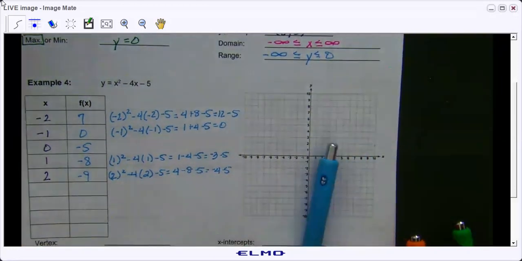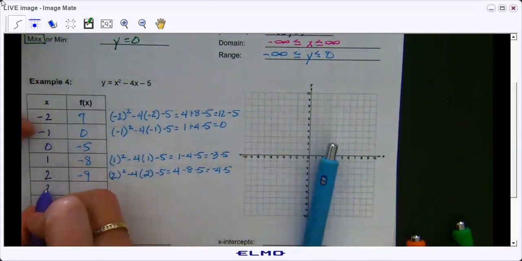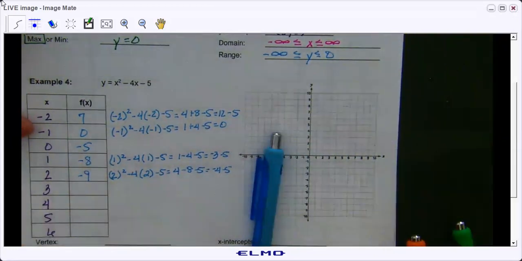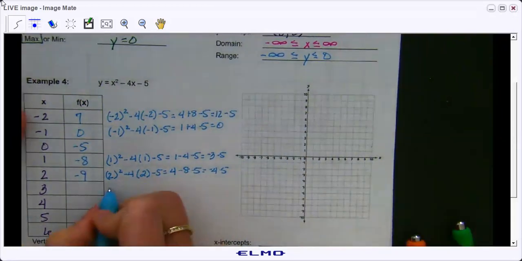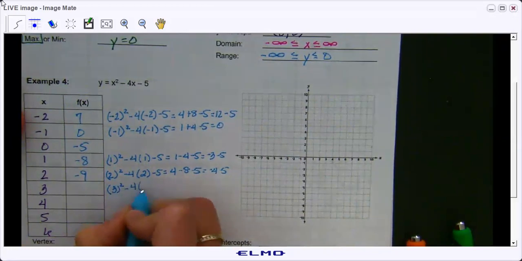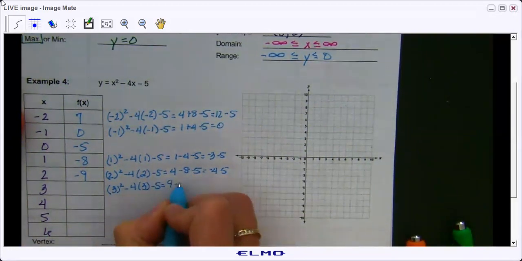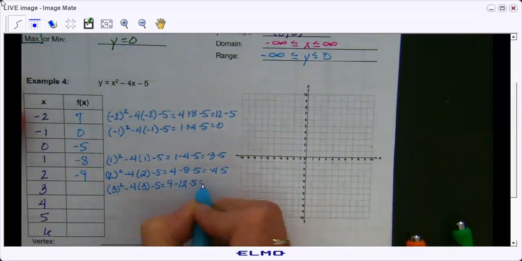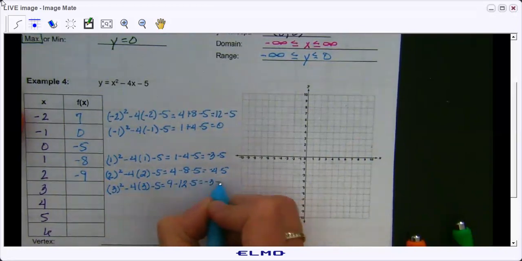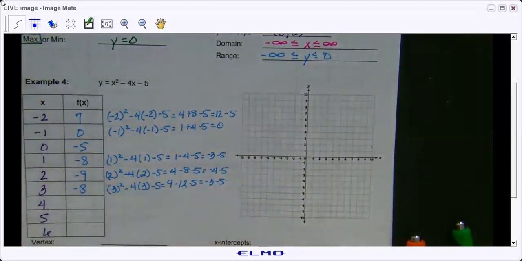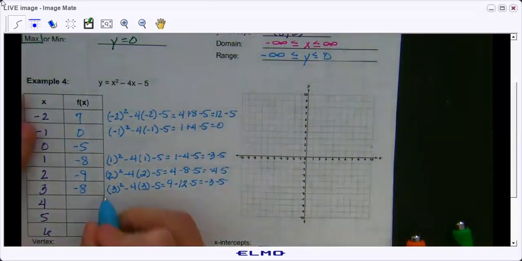All right, so I'm going to add 3, 4, 5, and 6. This is a lot of work, I know. But look at this, we're back to -8. So we had found a pattern.